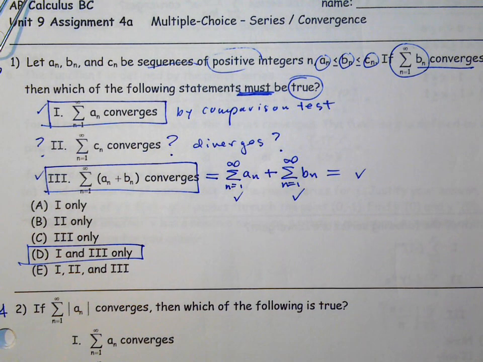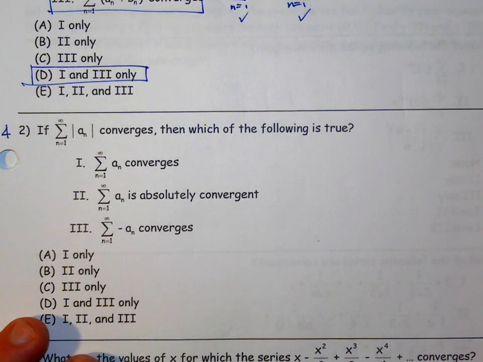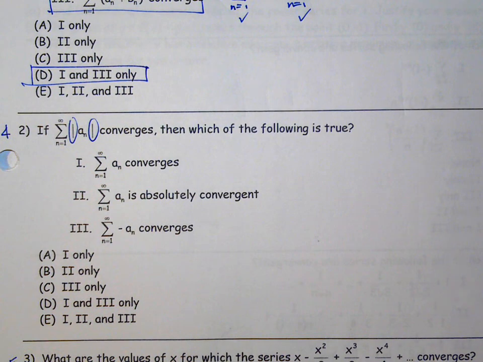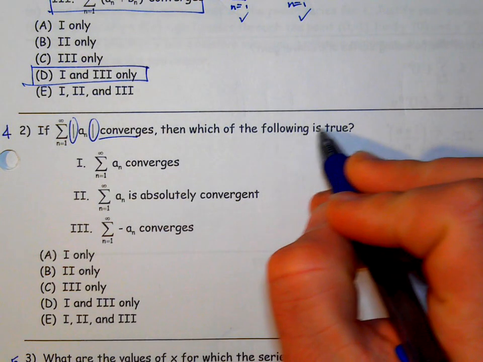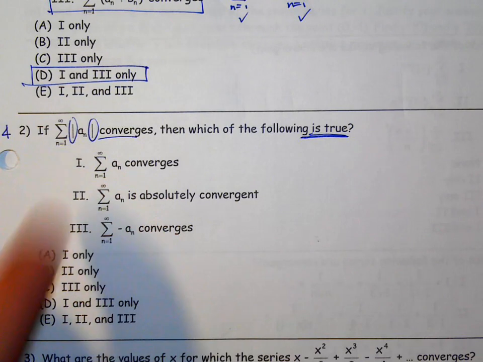So that's number one. Number two, they tell you that the absolute value of a series of the individual terms of a series converges. Then which of the following has to be true? This is called absolute convergence.